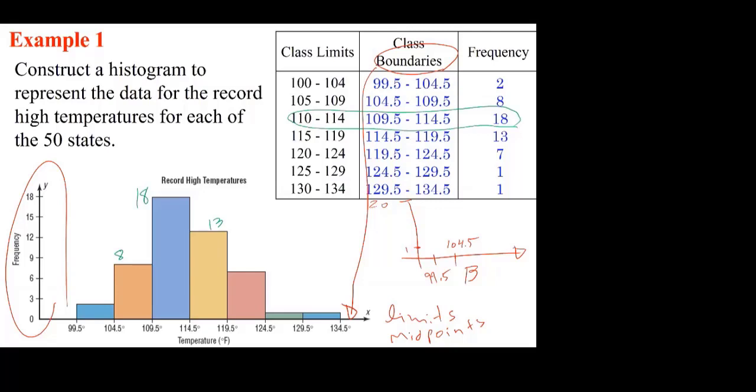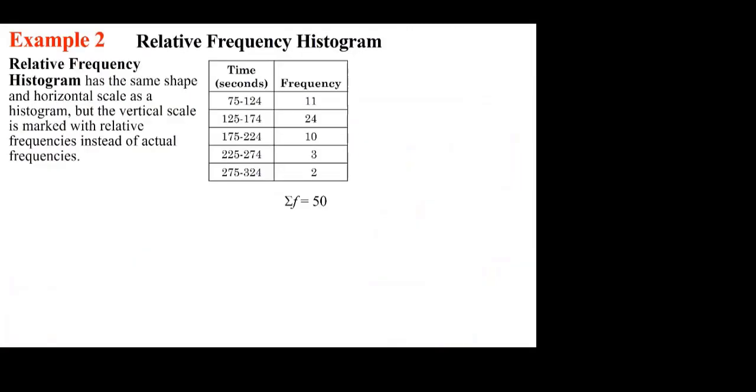So coming up with the histogram: bars are adjacent, the horizontal axis uses the boundaries, and the vertical axis uses frequencies in this case. Relative frequency histogram, again, as I said, works in the same manner. Coming up with the histogram for the given data is really not a big deal.